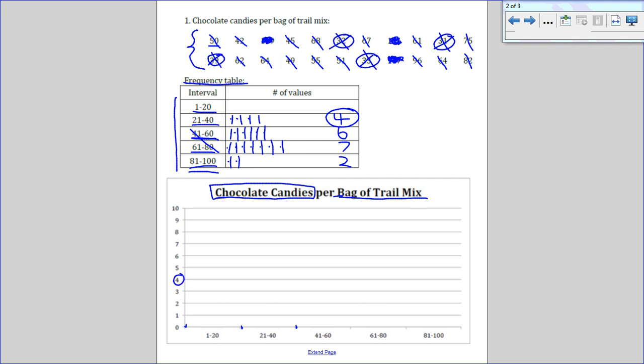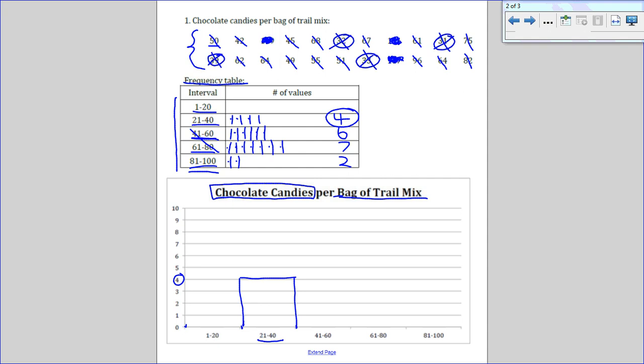So what we do is we make a bar graph. We'll draw these as straight as we can. Okay, so that represents 4 of the bags containing 21 to 40 pieces of candy.